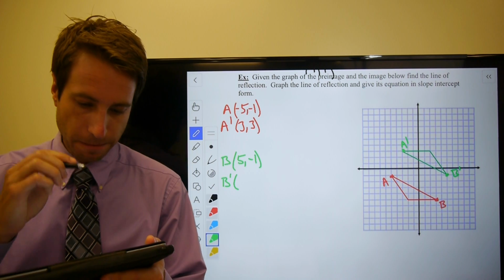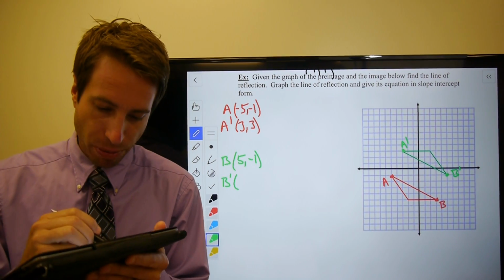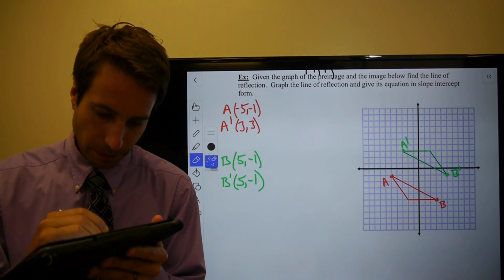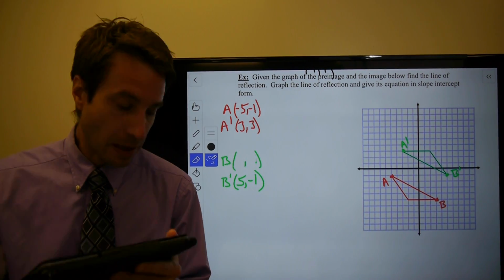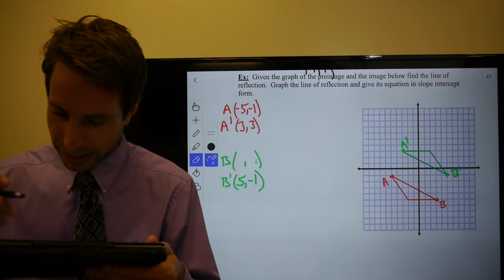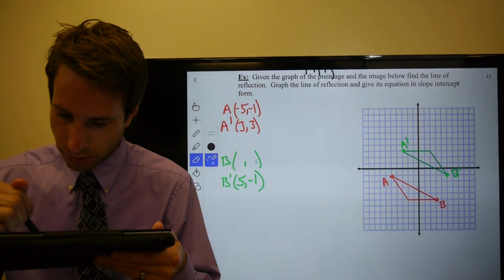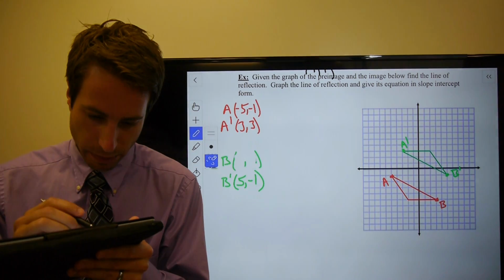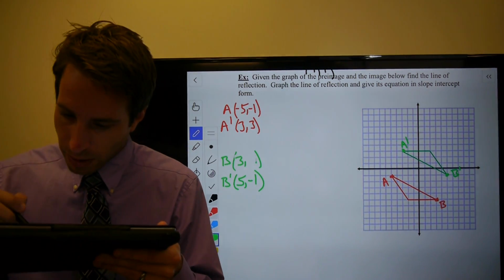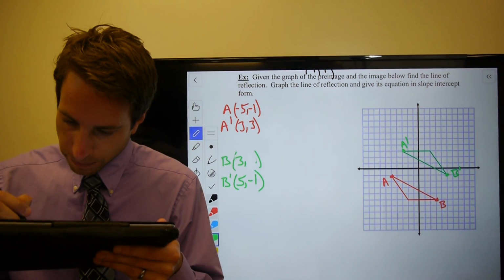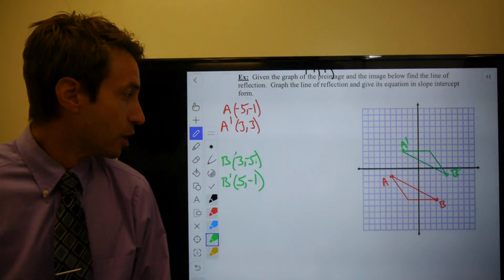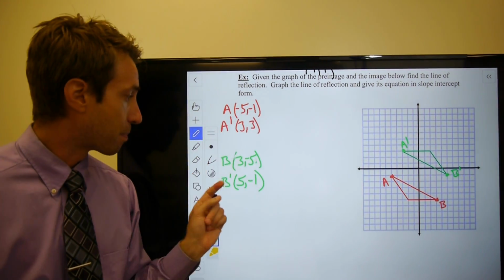Sorry, B prime is at 5, -1. B is this guy down here, which is actually at 1, 2, 3, so 3, -5. All right, there we go. So now I've got my points, A, A prime, B, and B prime.